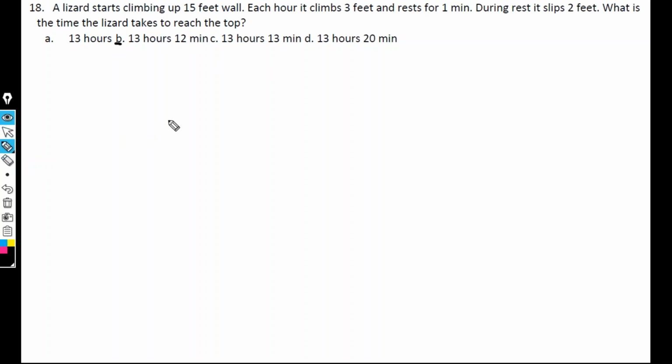So here in this case, it is given to us that the total work to be done is 15 feet. In 1 hour, it will climb 3 feet, and then it rests for 1 minute, in which it slips 2 feet. So in 1 hour, 1 minute, the work done is only 1 foot.